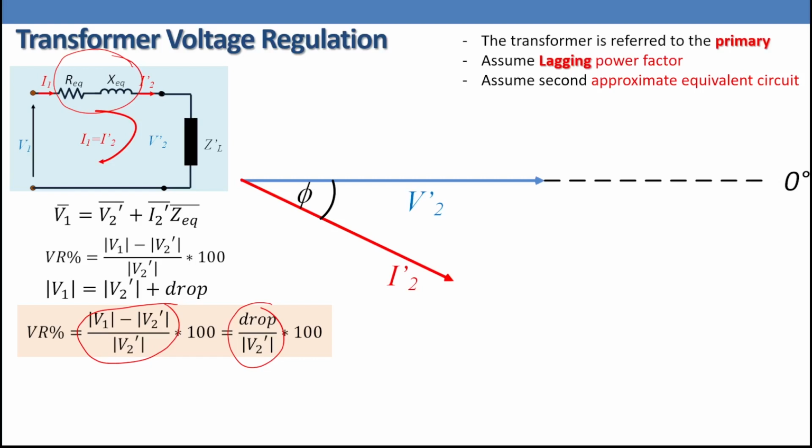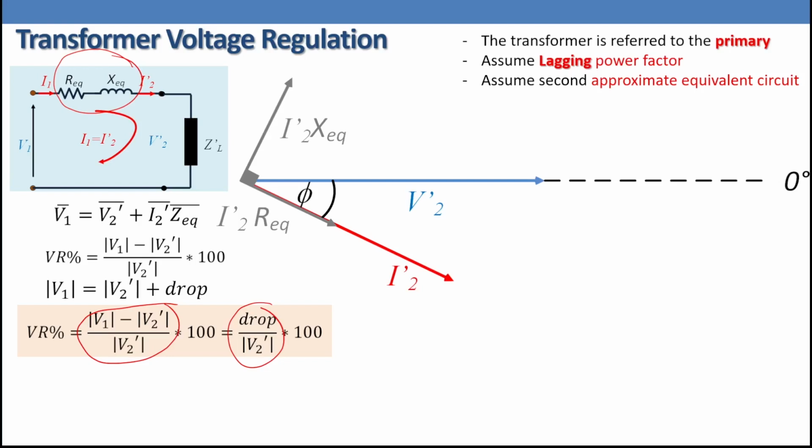When the current is going through the impedance R equivalent and X equivalent, there will be a voltage. Current going through the resistance R equivalent, there will be a voltage in phase with the current. Current going through the reactance X equivalent, there will be a voltage where the current is lagging by 90 degrees. Look, so that one is I2 dash R equivalent, and that one is I2 dash X equivalent.